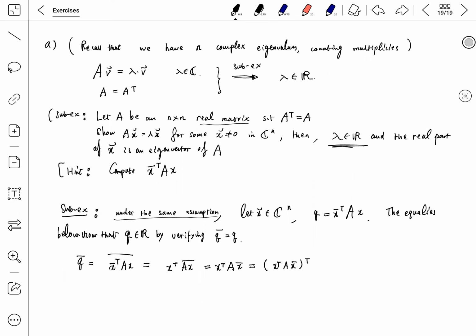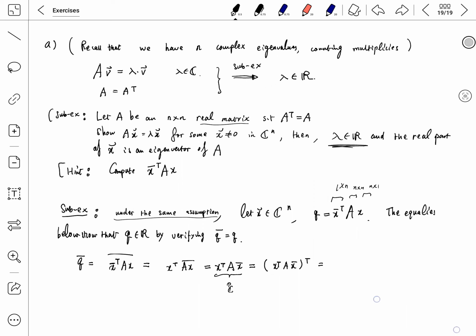The reason is that this is a 1 by 1, which means this is a complex number, and so it equals its transpose.